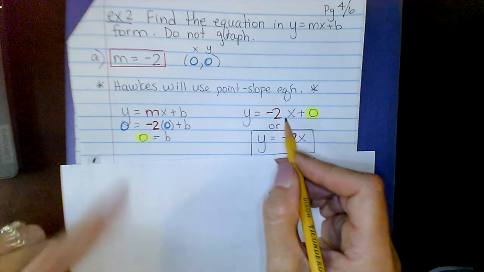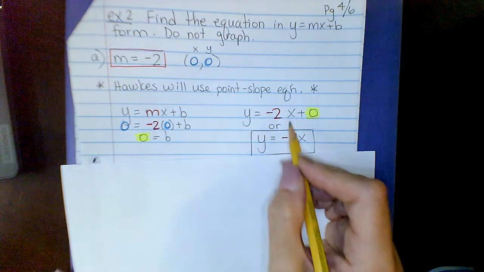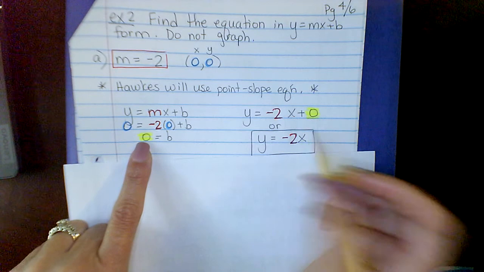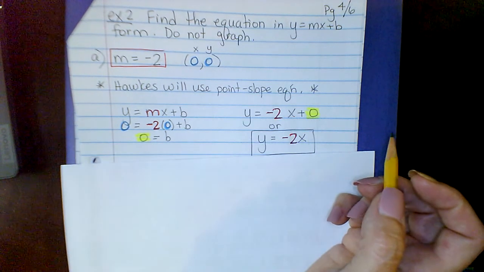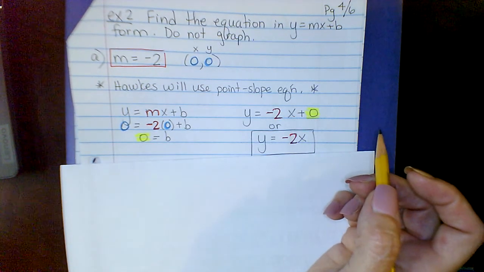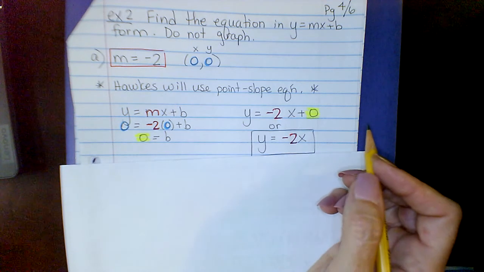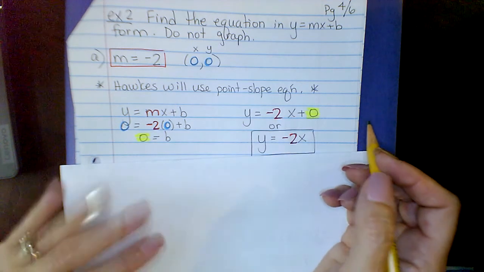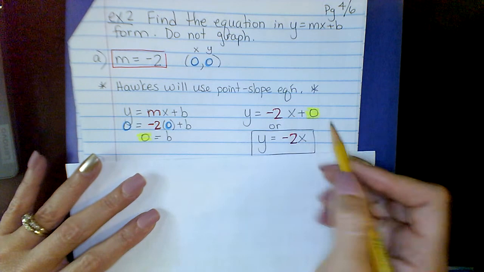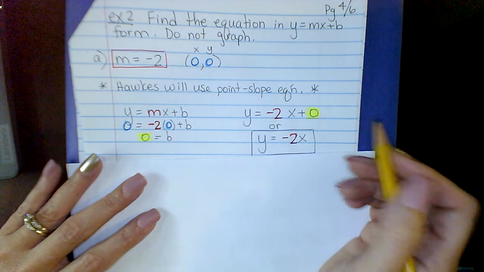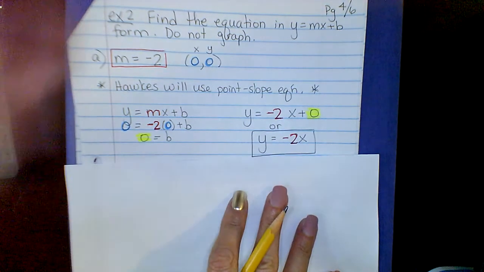So y equals m, that was given, x plus b that I just found. So you can do this with any point and slope and not have to use the point-slope formula. That point-slope formula gets really messy because of the subtractions in there. Now this is not necessary, so we don't write it. If you do write it, Hawks is going to tell you to simplify your answers.